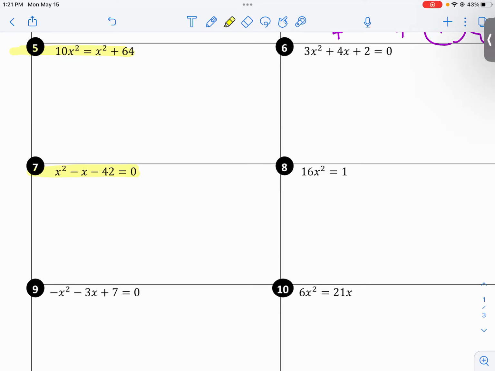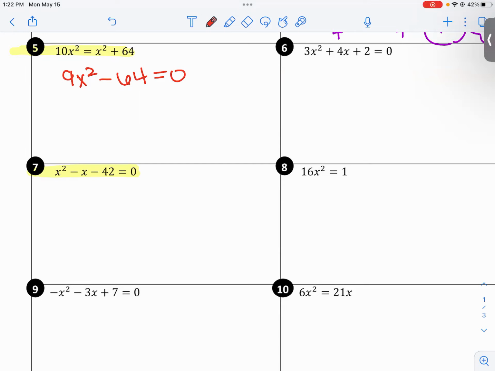Okay, when we set number 5 equal to 0, we get 9x squared minus 64 equals 0. What can we do with that? You cannot just blurt out in the middle of class, Avery. Okay. Can we do something with this?